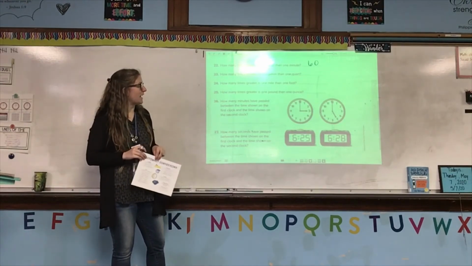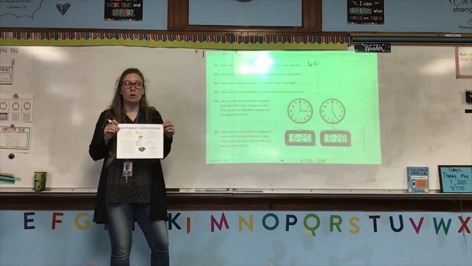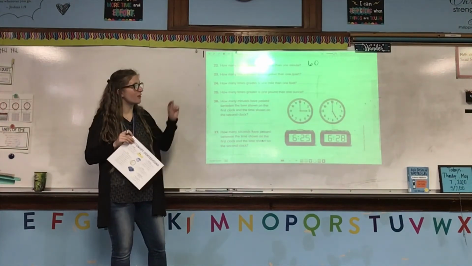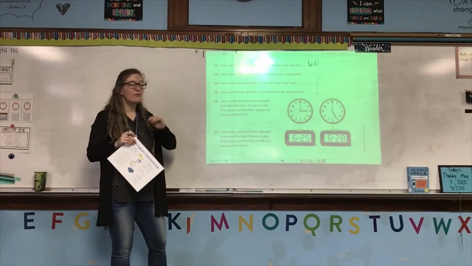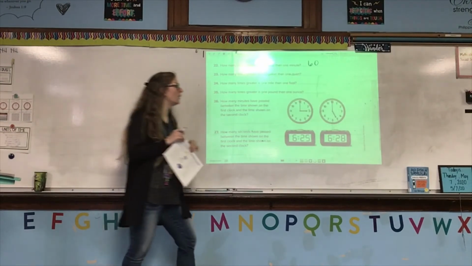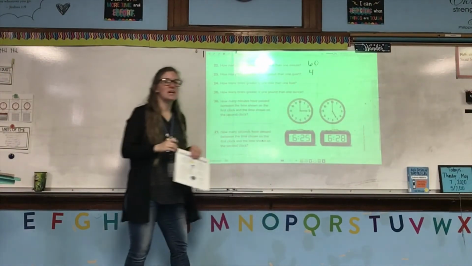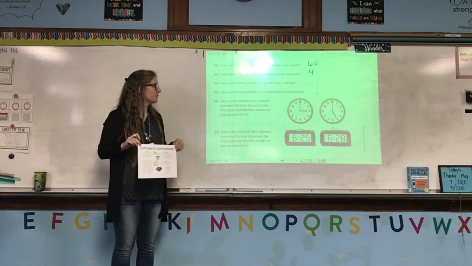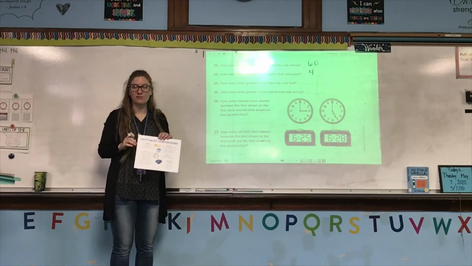Number 23, how many times greater is 1 gallon than 1 quart? Well, our conversions tell us that there are 4 quarts in 1 gallon, so that means we repeated a quart 4 times to get 1 gallon, which means that a gallon is 4 times greater than 1 quart. Number 24, how many times greater is 1 mile than 1 foot?